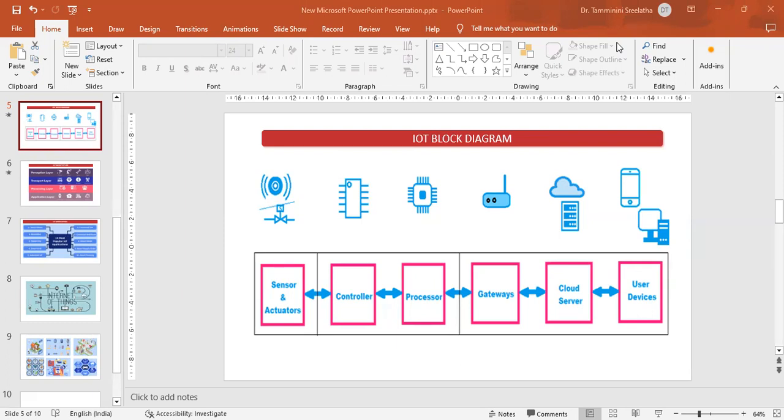So here the thing is nothing but your AC, and it is communicating the information, and by using your user device you can switch on or switch off your AC. In a similar way, you can connect other objects and you can perform these actions. Here IoT makes sense, and all these are the blocks of our IoT.